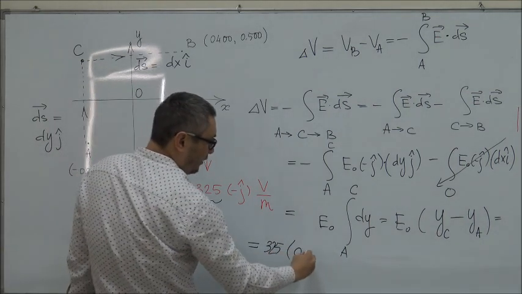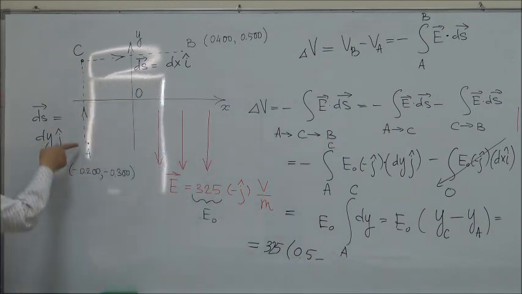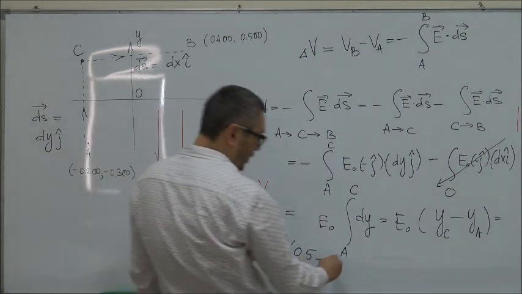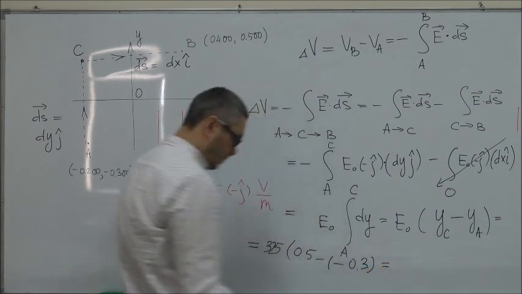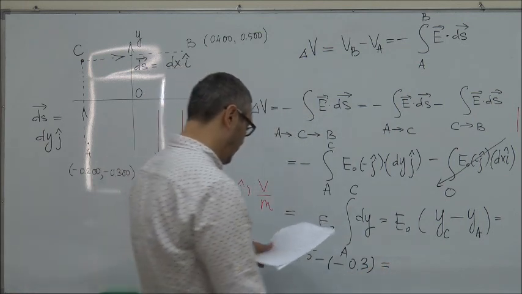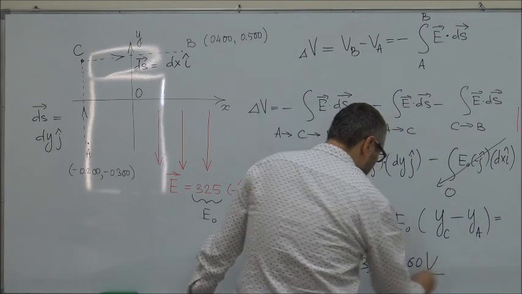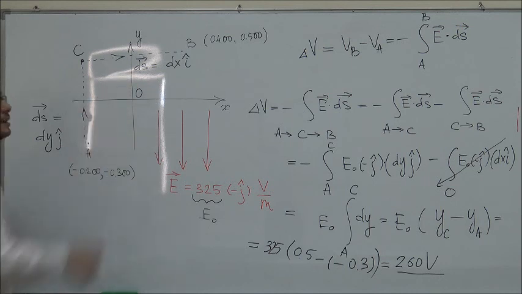So that's 0.5 minus the y coordinate of A, that's minus 0.3. So you get 0.5 minus minus 0.3. So overall this gives us 260 volts. So the potential difference between points A and B happens to be 260 volts.